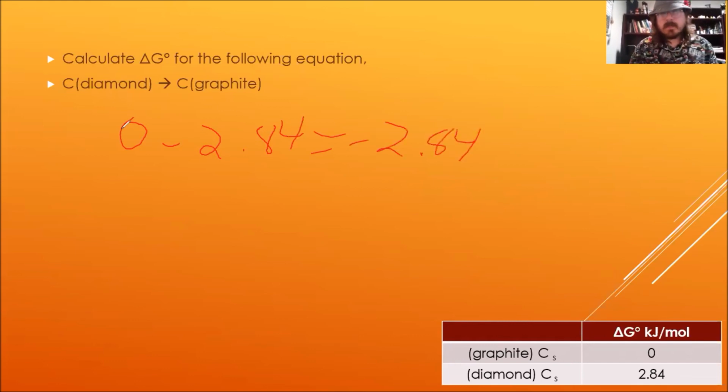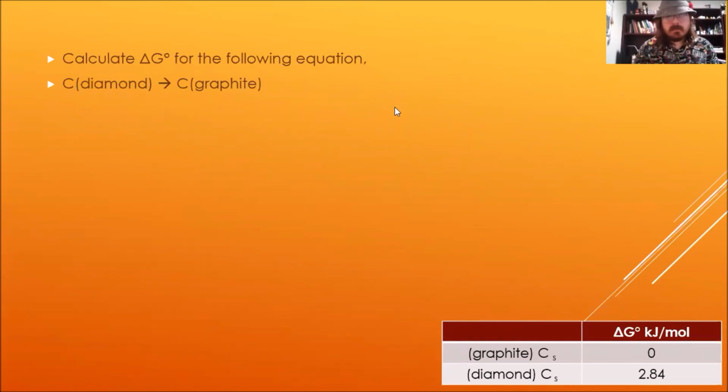So the reason I show this, are diamonds forever? No, they're not. Diamonds are actually non-spontaneously favored. They are going to degrade into graphite unless you put work into it. Superman can crush graphite into diamond, but it takes a lot of energy to put it in there.